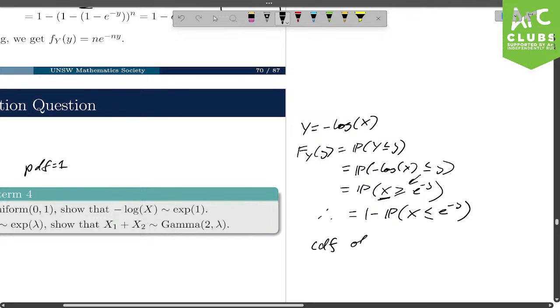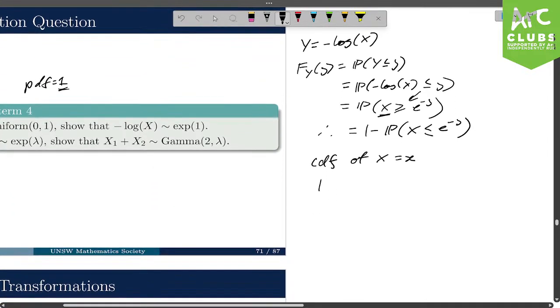The CDF of x equals x, simply because we've integrated 1. And so we have F_Y of y equals 1 minus e to the minus y.